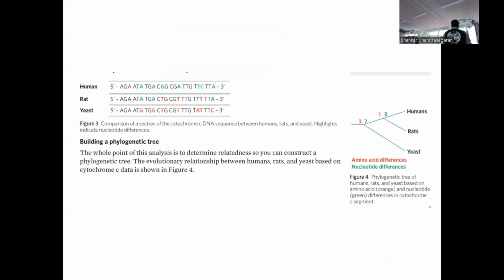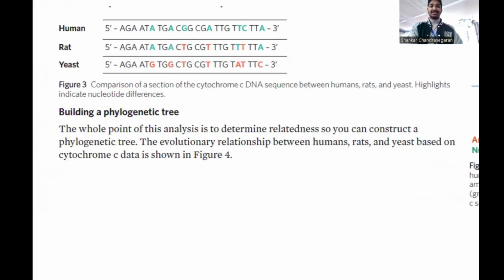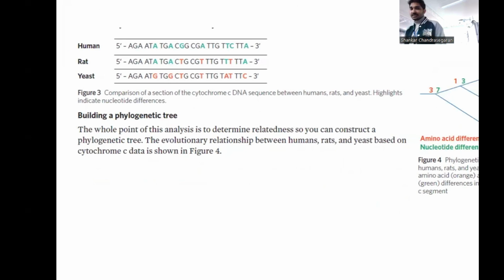All right. So by studying how closely related they are, we can start to do something which is building a phylogenetic tree. The whole point of determining relatedness is so that we can construct a phylogenetic tree and determine the evolutionary relationships between different species, right? Based on certain information. So let's say we are using cytochrome C and we are determining what differences they have, right?